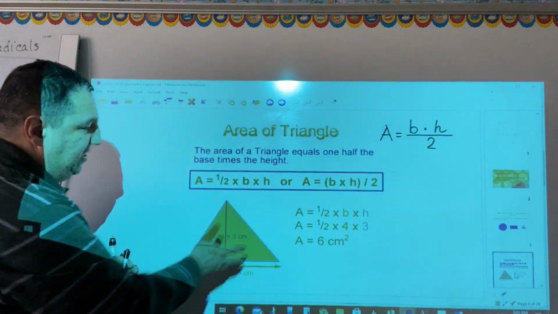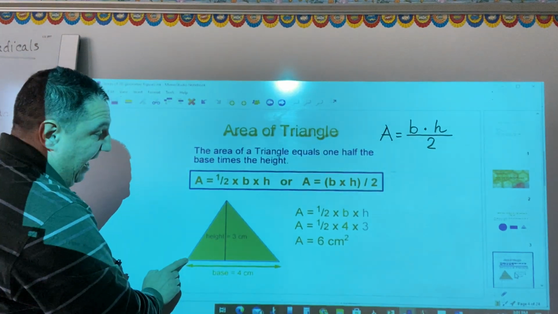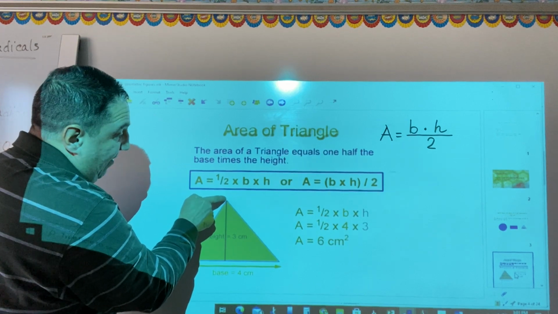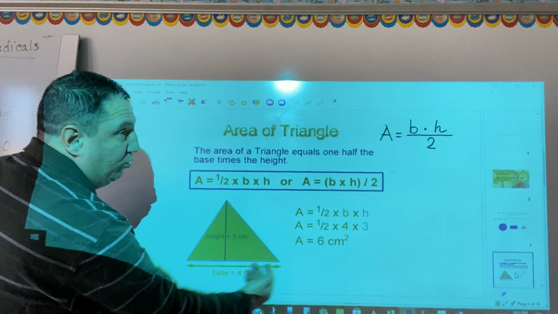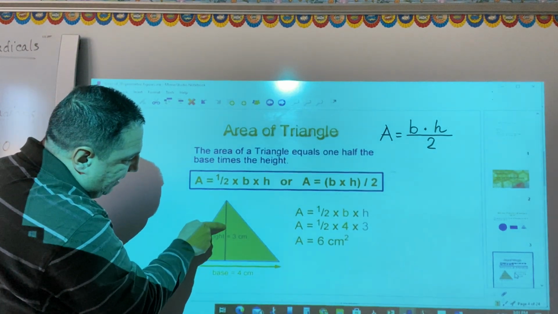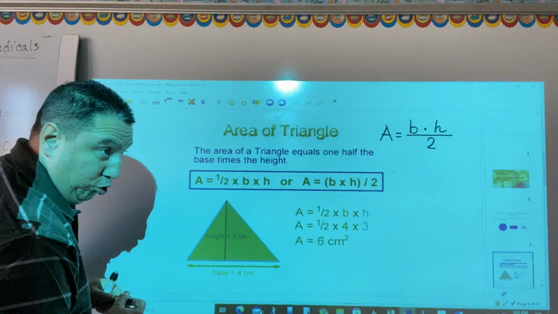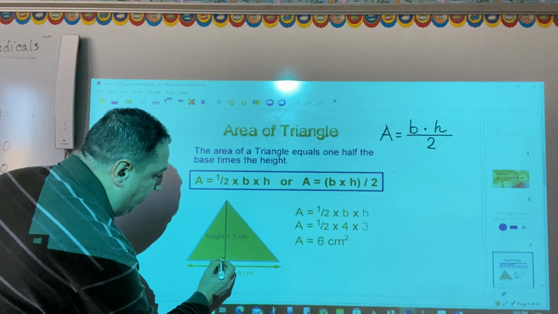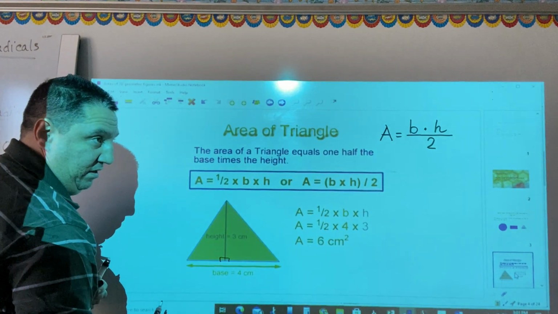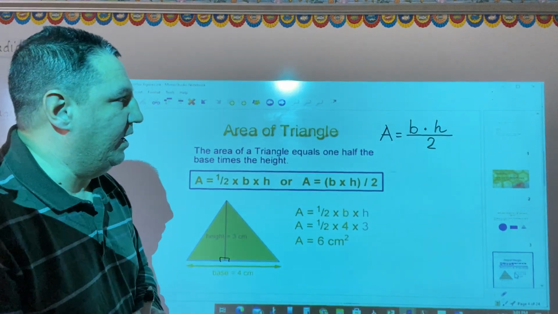For example, in this case, the base is this side. Height is the segment that joins the vertex that is opposite to this side and the side, and always this line segment is perpendicular to the base. Perpendicular means the angle between the height and the base is 90 degrees.